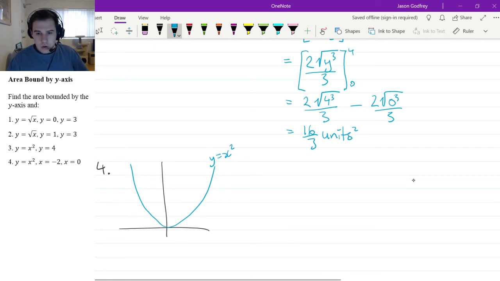And we're going from x equals negative 2 to 0. Something seems off about that. Bound by the y. Did I write this one down wrong?